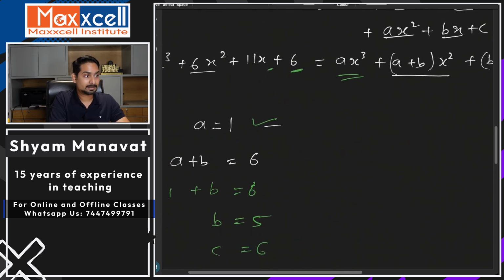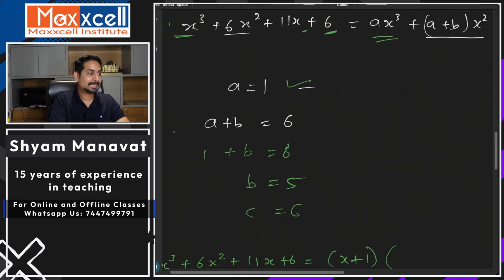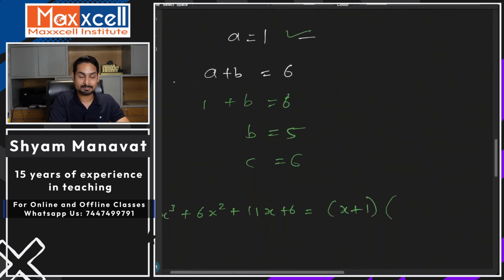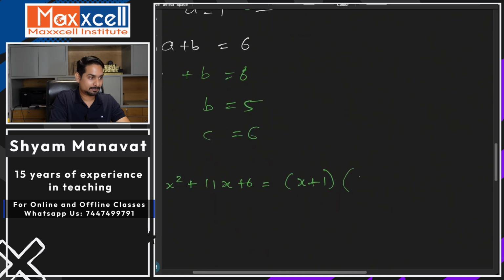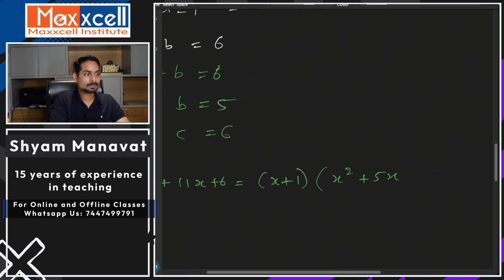Remember, the second factor. Write the second factor having the a, b, c values which we found out: x square plus, b value is what? 5, so 5x. c value is what? 6, so plus 6. Got it?